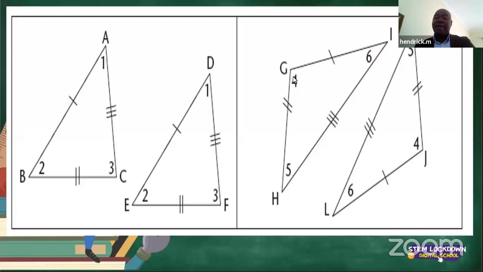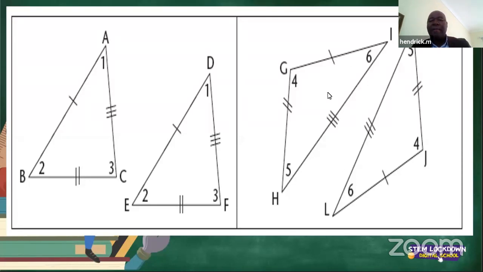As you can see, GH is equal to JK in the second triangle. And of course, the last side is HI. And as you can see, because of the three lines there, HI is equal to LK. Now, what does this tell us?